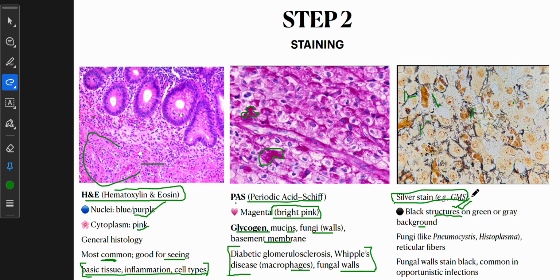So that is silver stain. And fungi like pneumocystis and also histoplasma, you can see reticular fibers here. These are reticular fibers. Silver stain is most commonly done for fungi, and fungal walls stain black, common in opportunistic infections, as there are very common infections in AIDS, like Candida albicans, you can do silver staining.